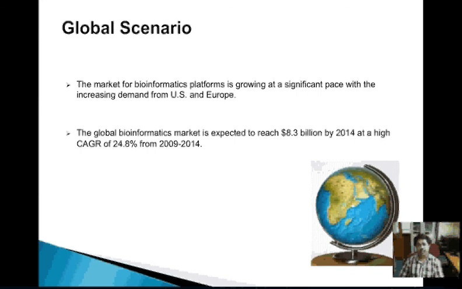The Far East is not lagging behind, and developing countries are also joining the race at a faster and faster pace. It is said that the global bioinformatics market will be reaching around 8.3 billion USD by 2004, and the CAGR is very high, around 24.8% between 2009 and 2014.